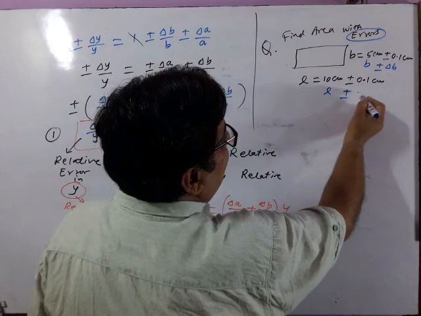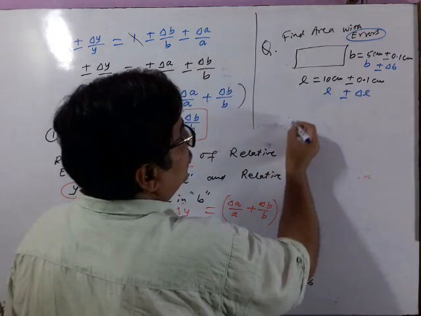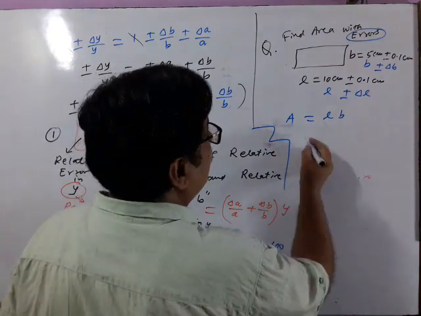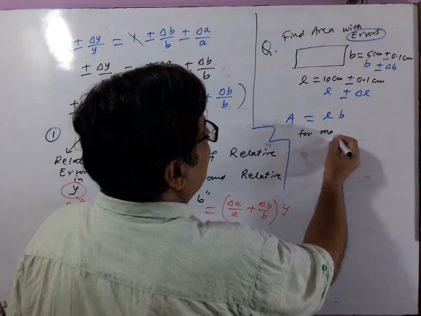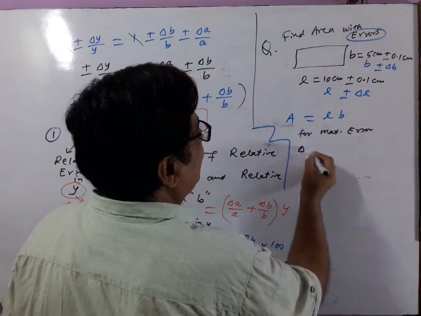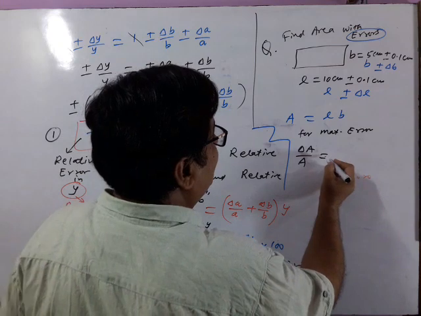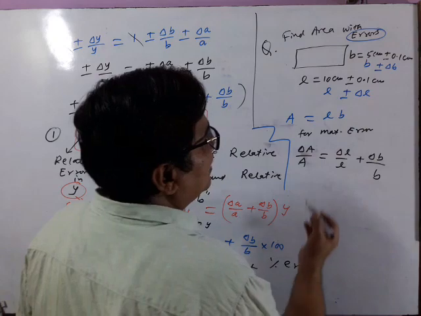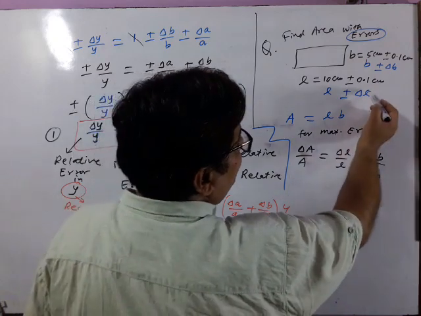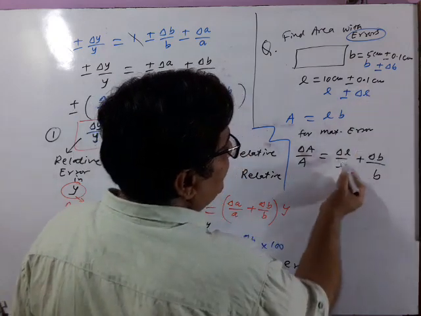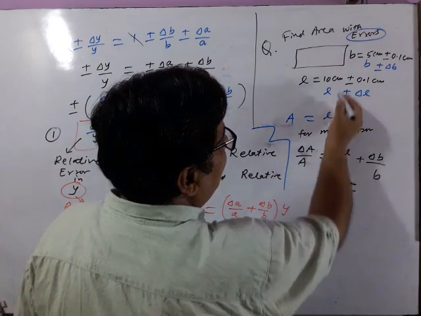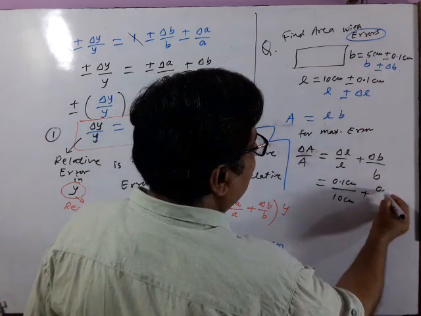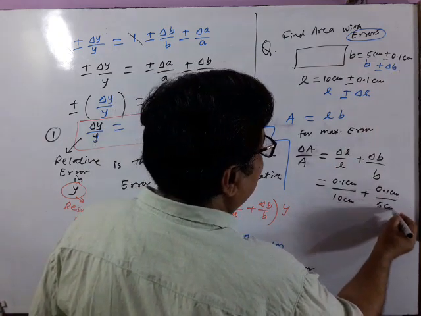So this is the actual value of B and this is the error in B. This is the actual value of length and this is the error in length. So you know area is L into B. So you may write directly this formula for max possible error, delta A by A from this multiplication result, delta L by L plus delta B by B. Now just put in the values of delta L, which is 0.1 centimeter, and length 10 centimeter, delta B 0.1 centimeter, and B is 5 centimeter.